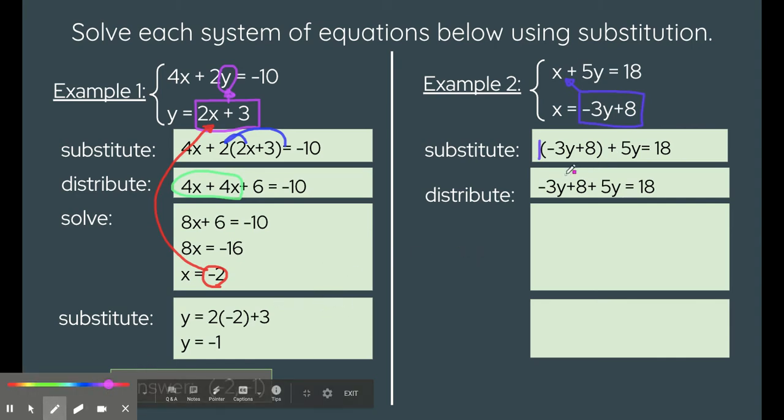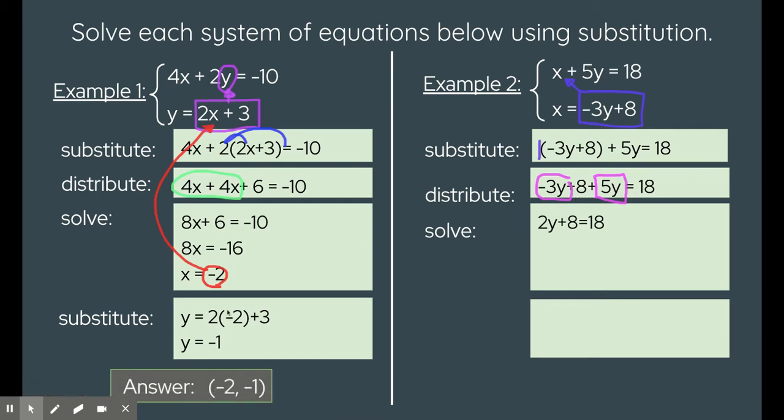I have negative 3y and 5y, which equals 2y. Plus the 8 right here equals the 18. So really all I did was I took these two and made them into one thing instead of two, which makes the problem a little bit easier.